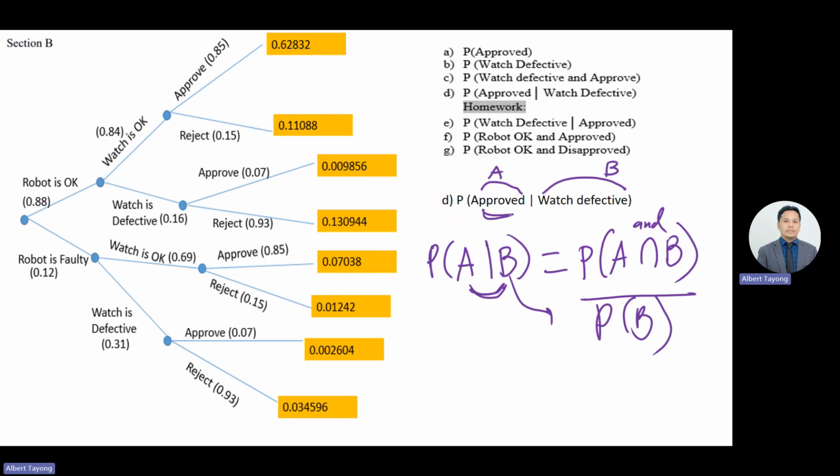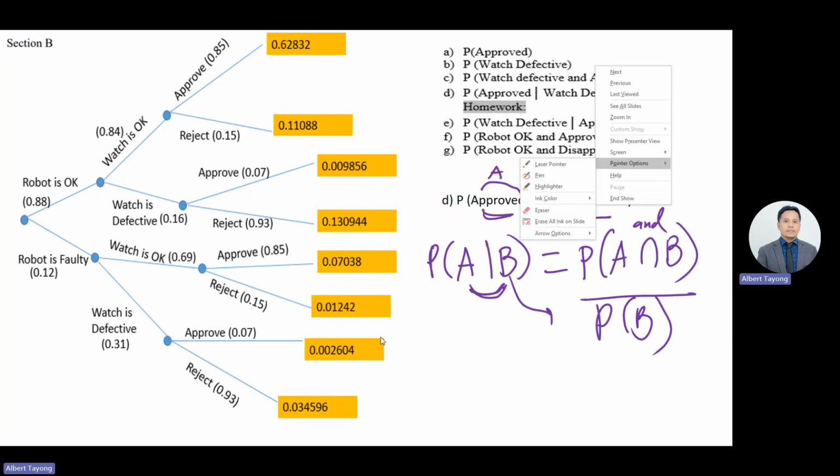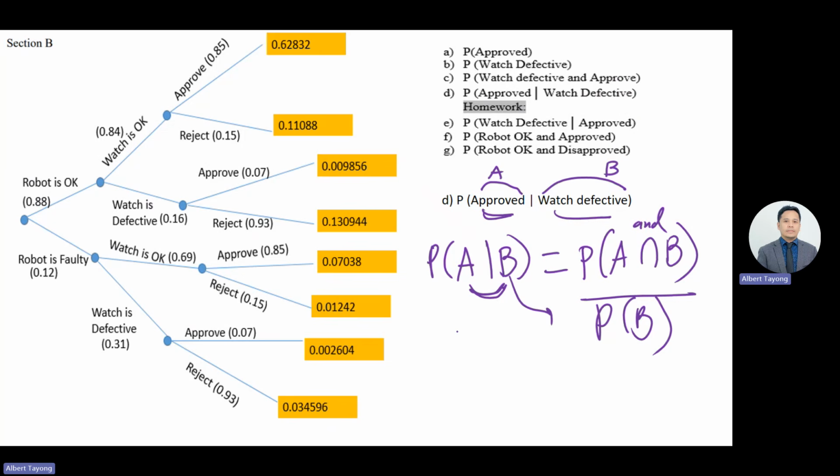In D, the first event is approved, and the second event is watch defective. This is what we call conditional probability, because there is a condition, given that B has occurred already.